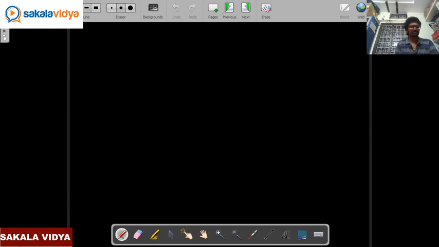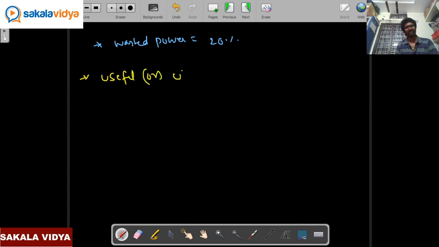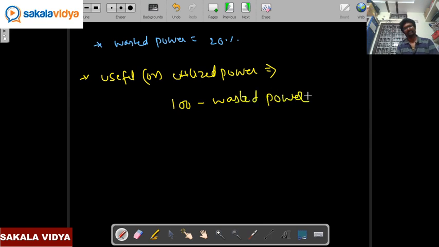So how much power is wasted? Wasted power is equal to 20%. So for example, useful or utilized power is equal to 100 minus wasted power, which means 100 minus 20, so 80.